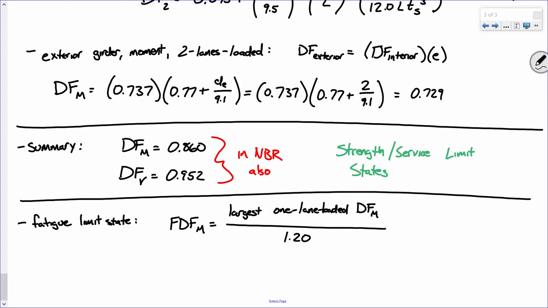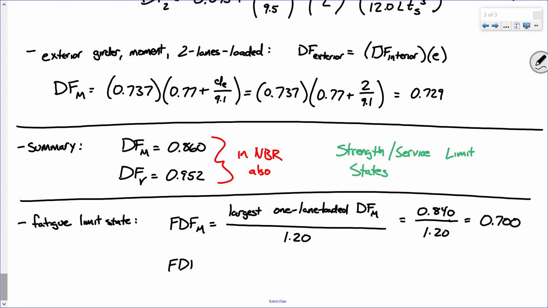And why am I dividing it by 1.2? Because I got to take out that effect of multiple presence. We're only looking at a single truck, okay? So for distribution factors for moment, the largest one we got was 0.84. Take that, or 0.840, divide that by 1.2, and that comes out to be what? 0.7. 0.7.